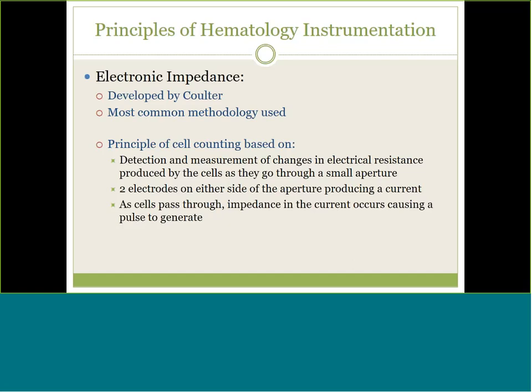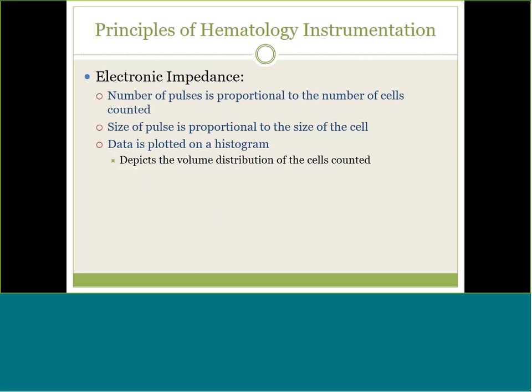There's another pulse. That's another cell. There's another one. That's another cell. And they count the number of pulses. So the number of pulses you have is the number of cells you had. So then the other part of that is how big of a pulse was it, the size of that pulse. That will tell us how big of a cell it was. And it kind of knows the average cell sizes of neutrophils, monocytes, lymphocytes, red cells, so it can use those pulse sizes to know which cell it was that was going through there.